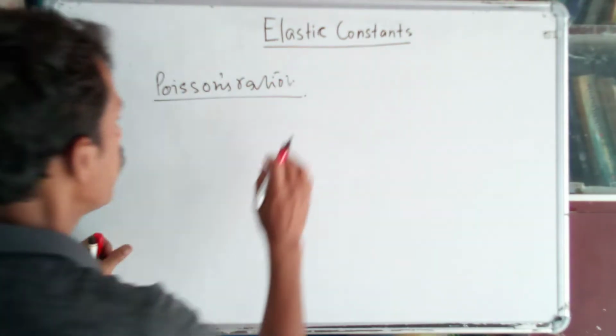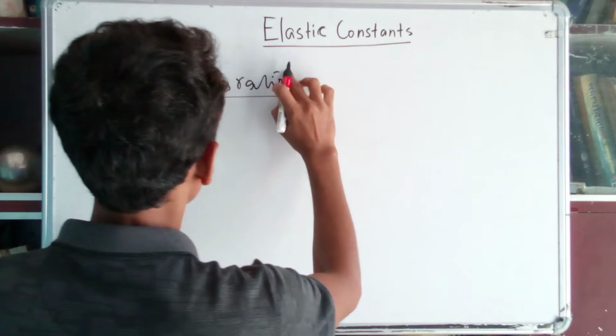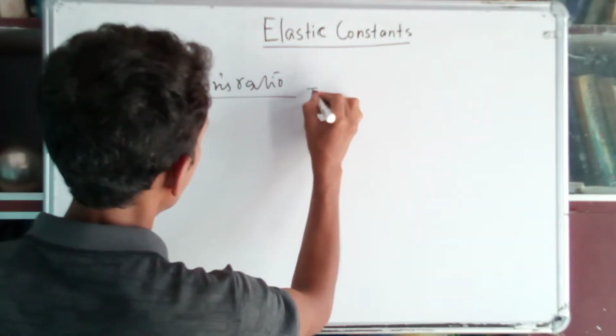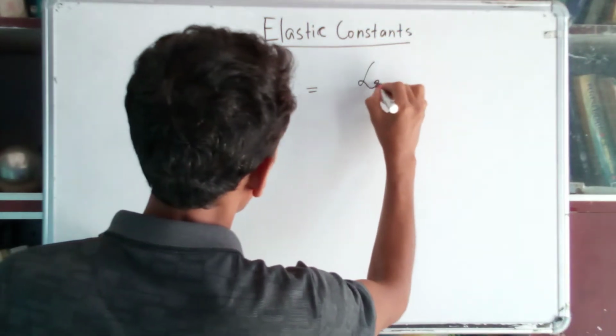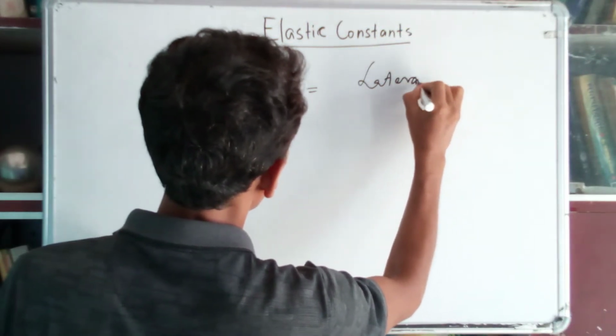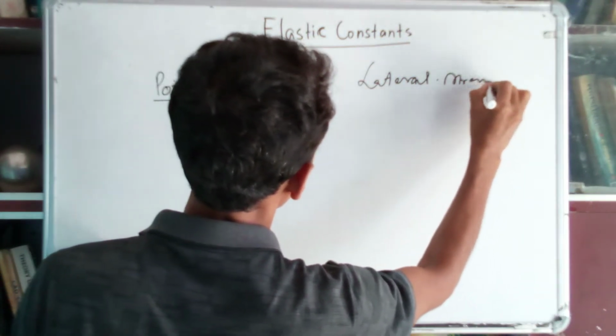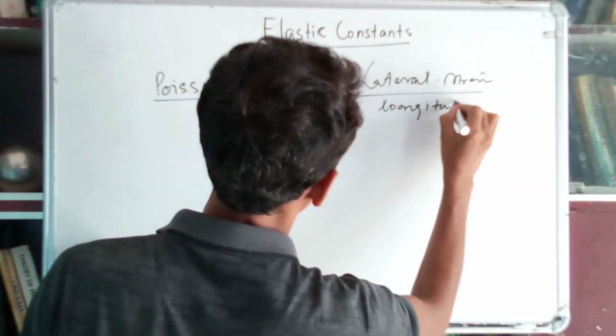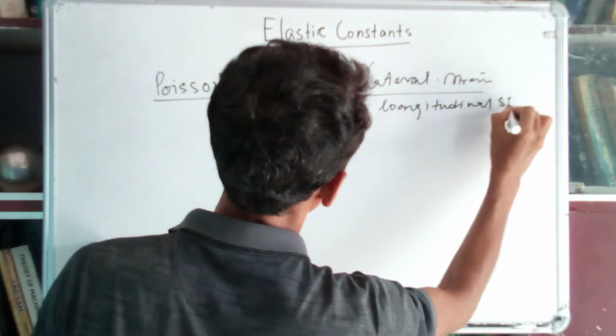So what is Poisson's ratio? Poisson's ratio is lateral strain by longitudinal strain.